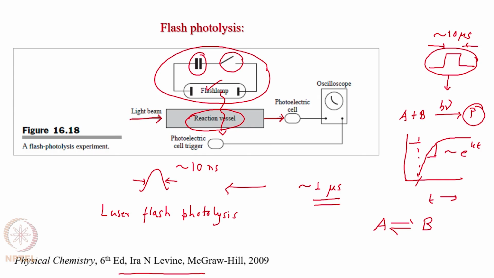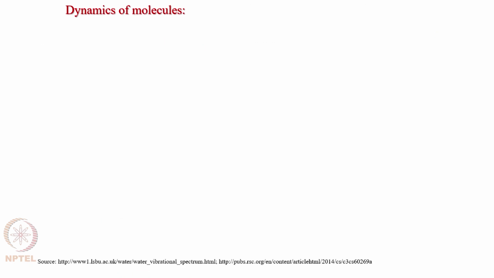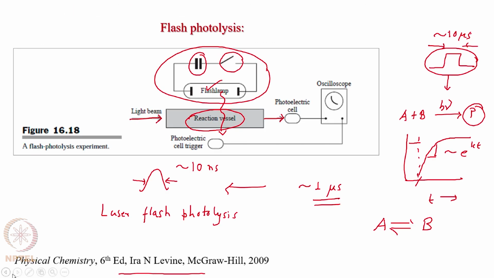Now this general concept is known as relaxation methods. By relaxation method you mean that you start with a mixture and then you create some disturbance where the entire mixture goes far from the equilibrium position, and then it relaxes back to the equilibrium.